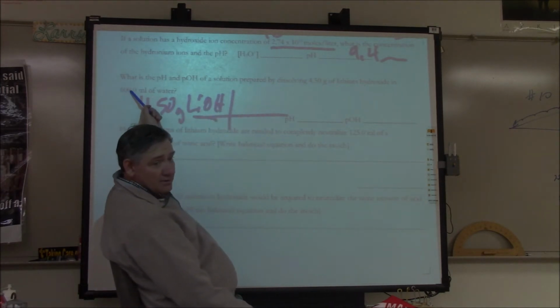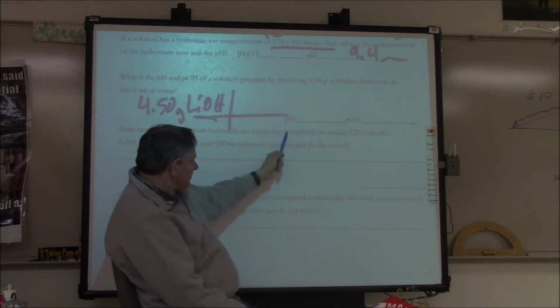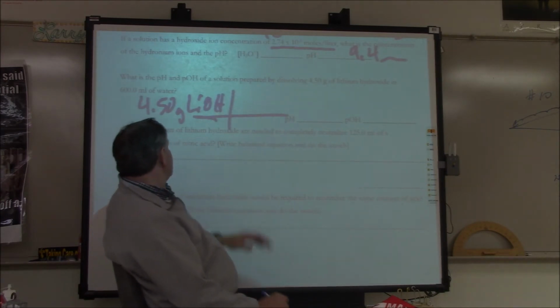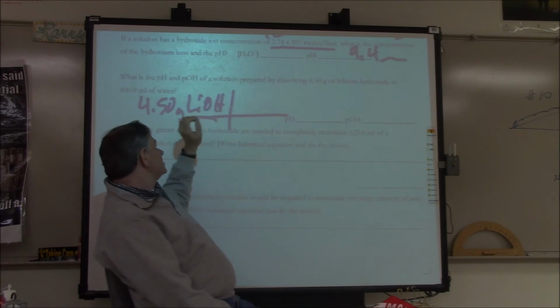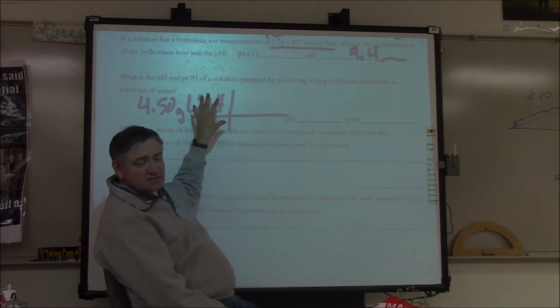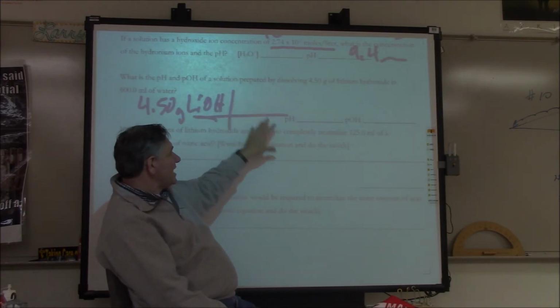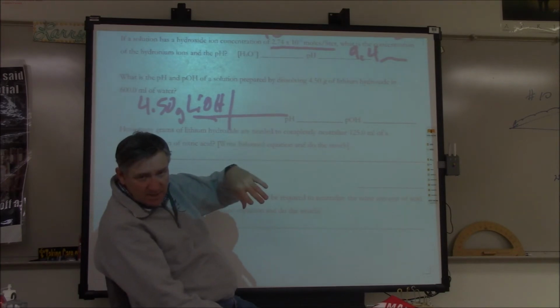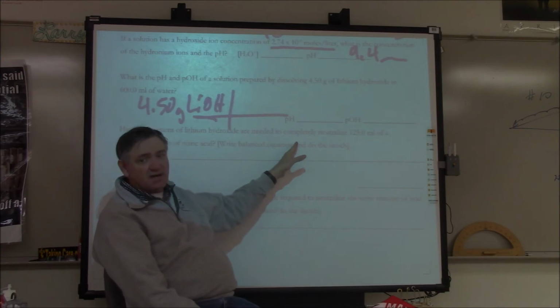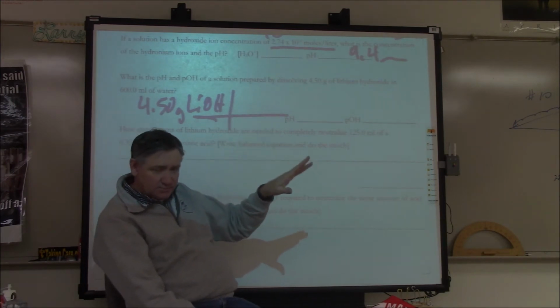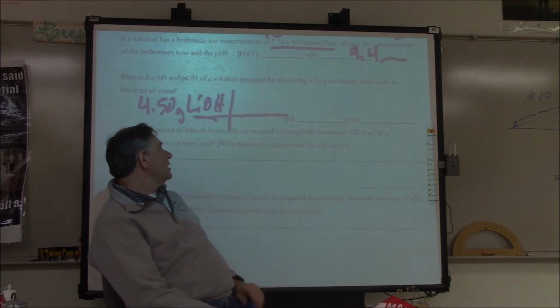You got the volume, okay? Find the molarity. Now, because this is lithium hydroxide and it's soluble, whatever the concentration of the lithium hydroxide is, that's going to be the concentration of your hydroxide ions. So once you get the concentration of the hydroxide ions, there's a couple of things that you can do. I don't care how you work this problem.